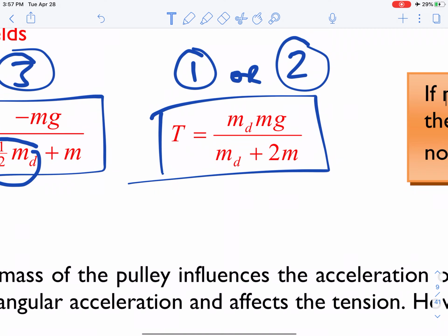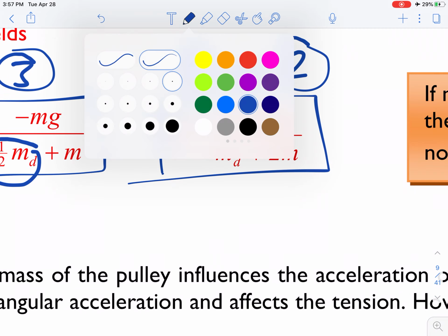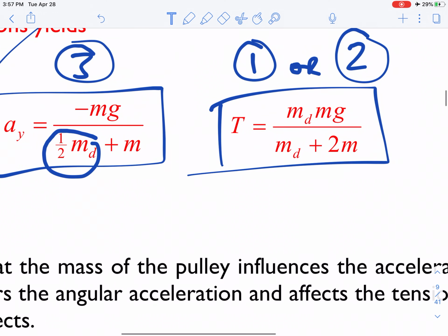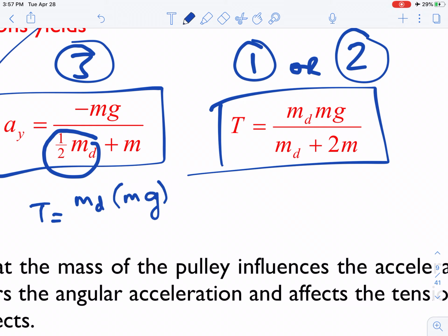I'm going to make a little more room here. Okay, so T is, I'm going to take M out. Actually we should do M, not D but M. M is bigger than MD, right?